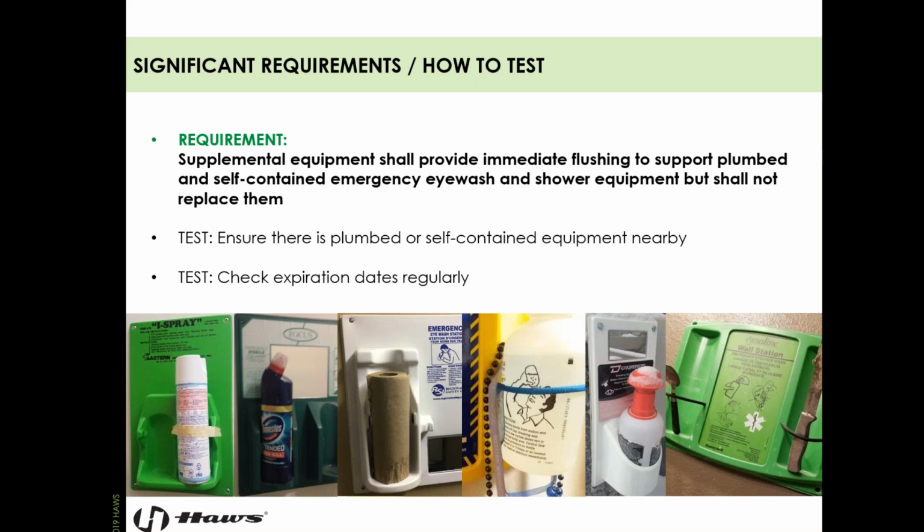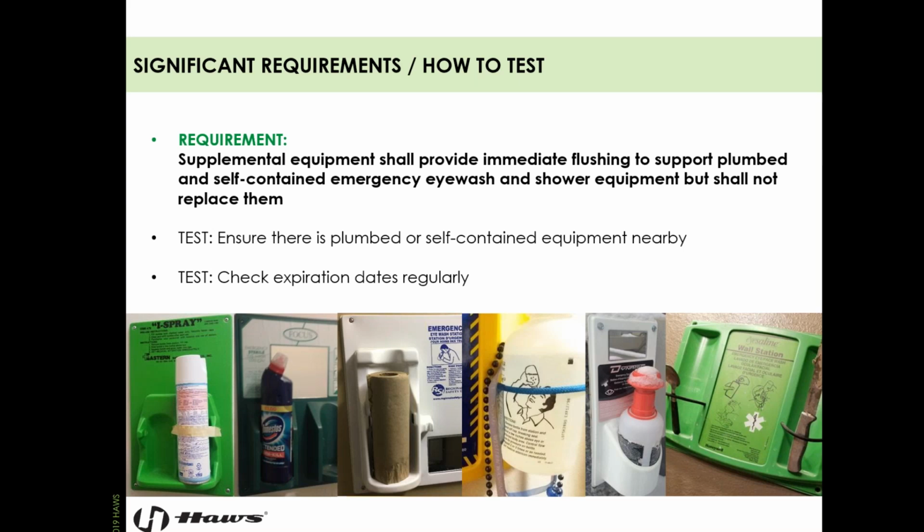Supplemental equipment, squeeze bottles, incredibly important, but they have to be maintained. They have their own section in the ANSI standard, but they are called supplemental equipment for a reason. You can only have these when supplementing primary plumbed equipment nearby.